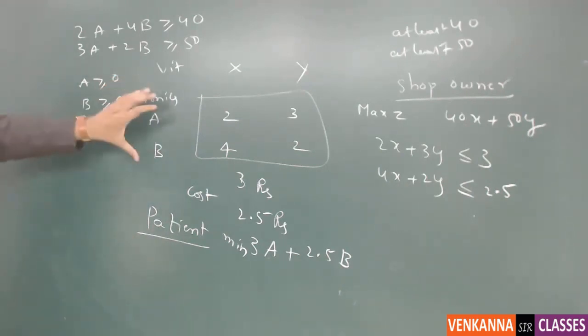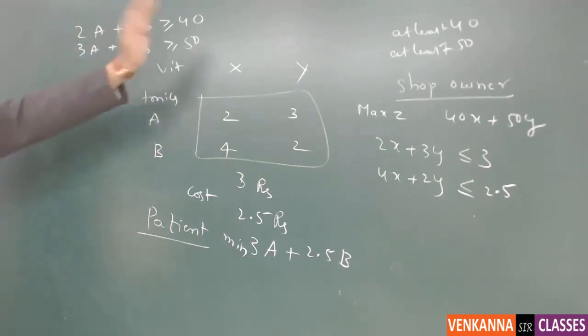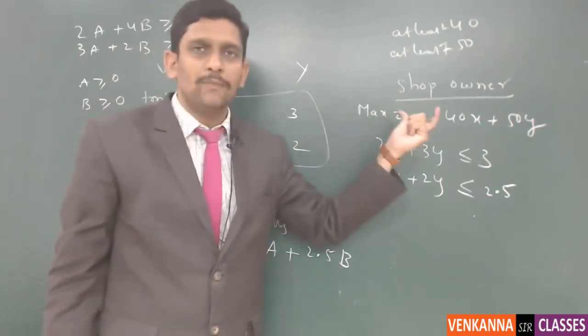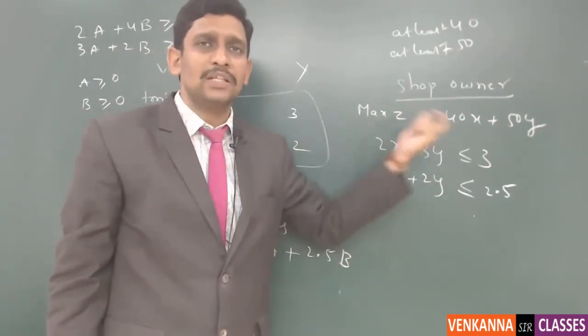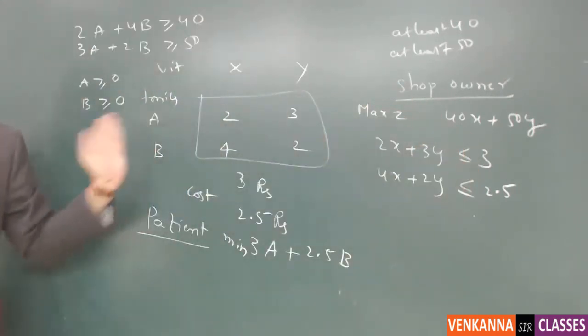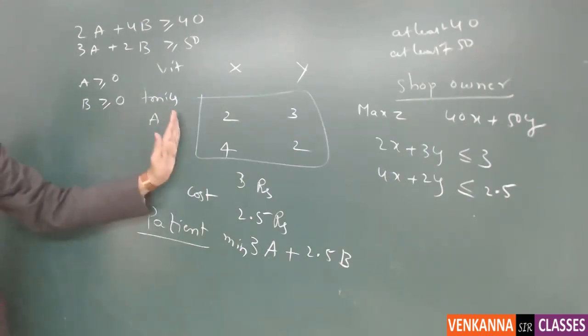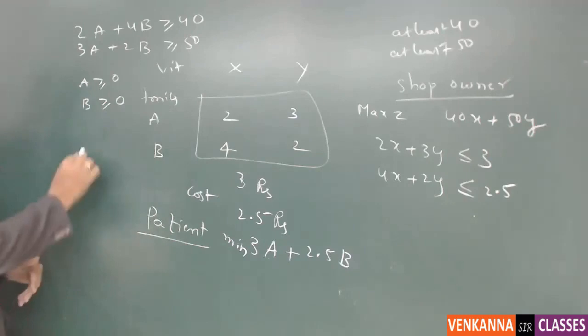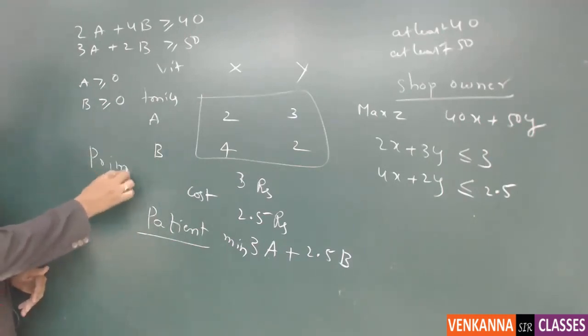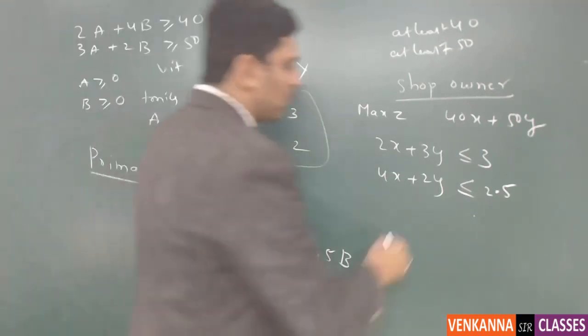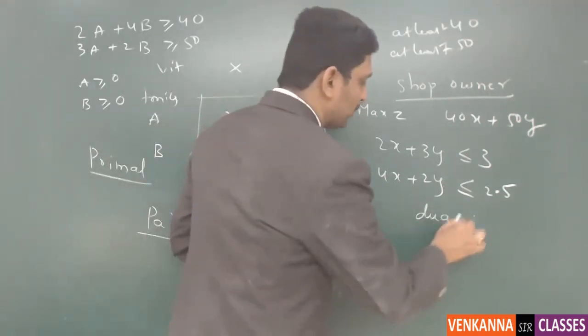So on the whole, whenever a minimization problem is there, that corresponding problem you can formulate into another one, and if you solve this problem, at the same time you are getting the solution of the previous problem also, because they are interconnected. The first problem we are taking, we call it the primal problem, and the other problem which we have formulated, we call it the dual problem.